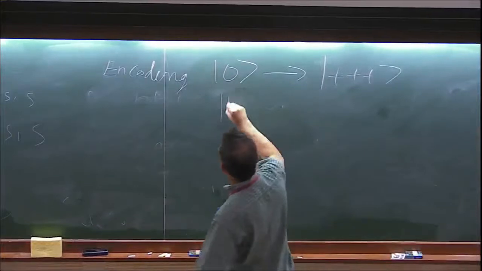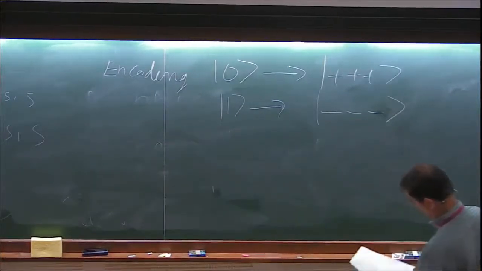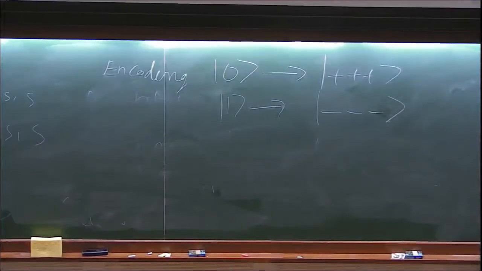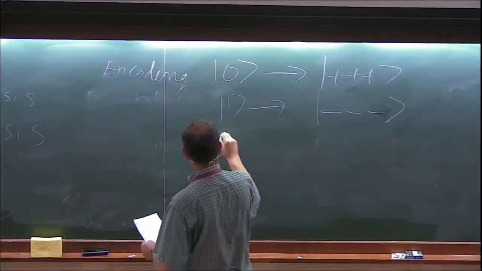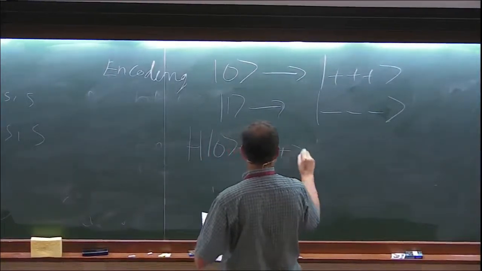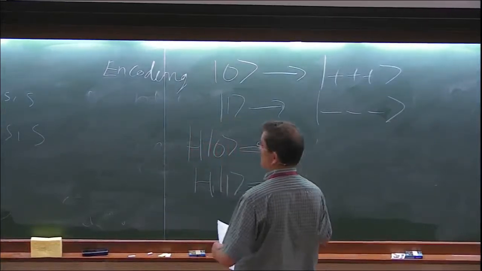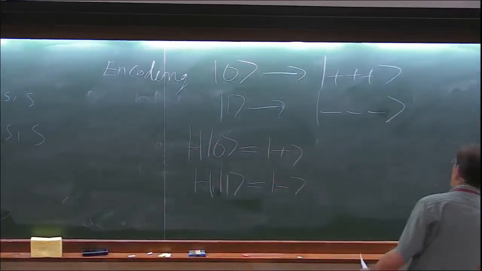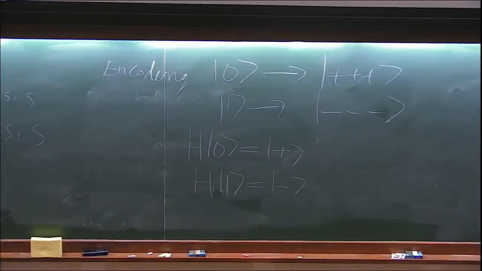And the 1 state by minus, minus, minus. So remember that a Hadamard acting on 0 gives a plus, and a Hadamard acting on a 1 gives you minus. So how can we create this initial encoding?